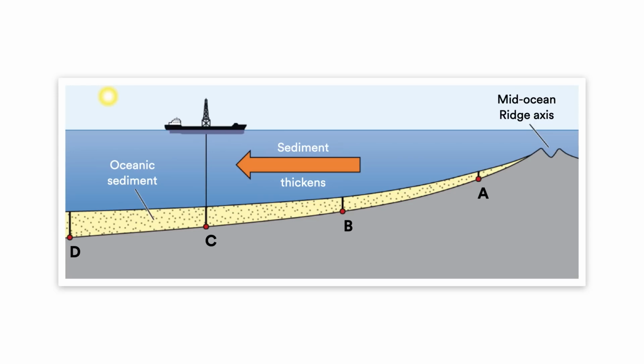If you were to travel along the seafloor from point A to B to C to D, you would notice that that layer of sediment increases in its thickness. And that's because the rock is older and there's been more time for the accumulation of that sediment.